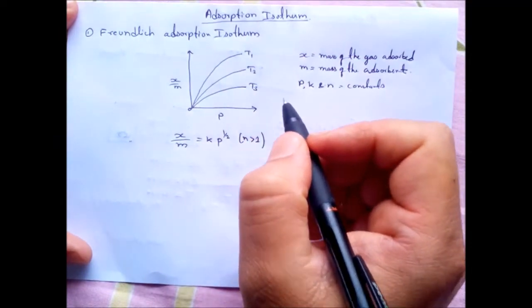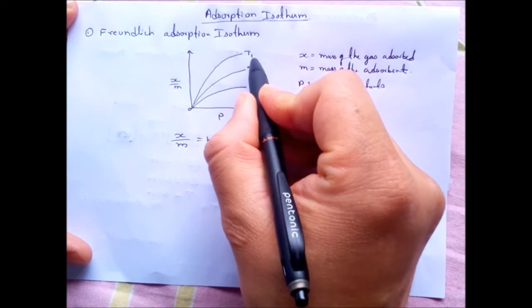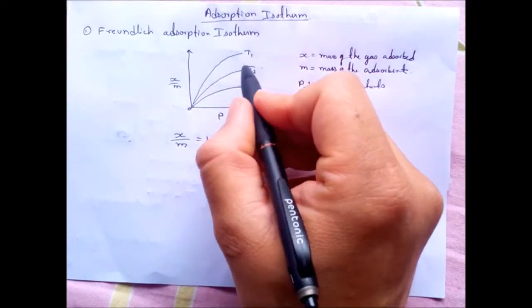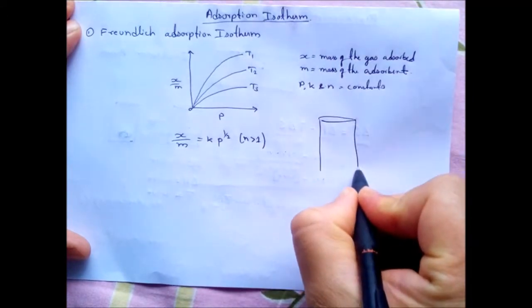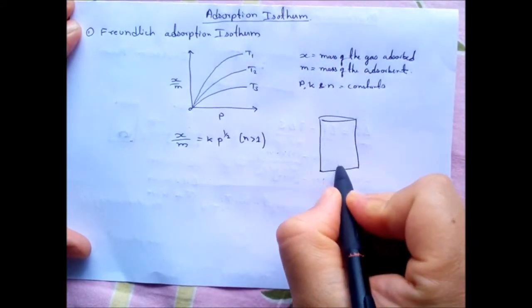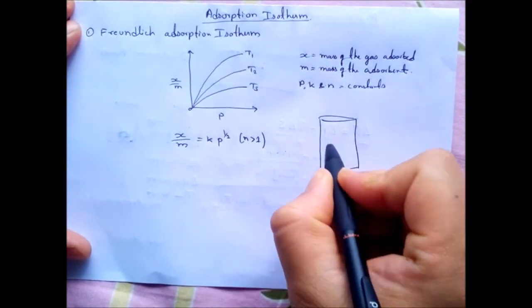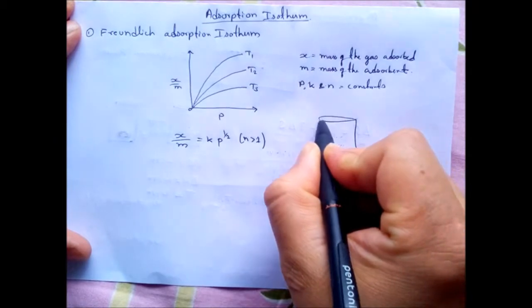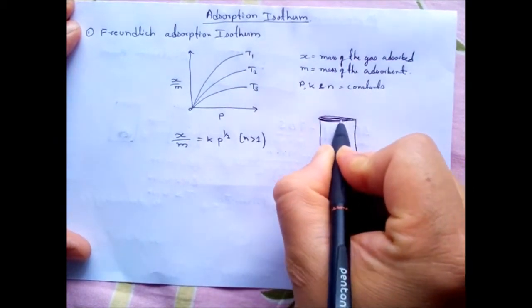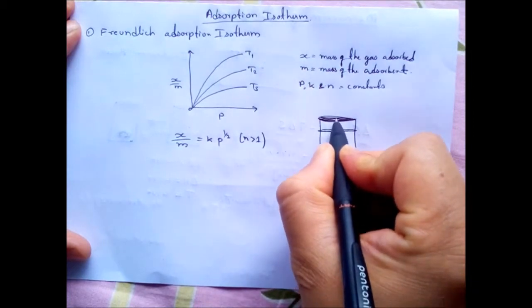So this is the graph at temperature T1. Temperature is constant, remember. Okay, so you have to think of a system. We have some adsorbent and some gaseous particles here in a sealed chamber. You can put one piston here.